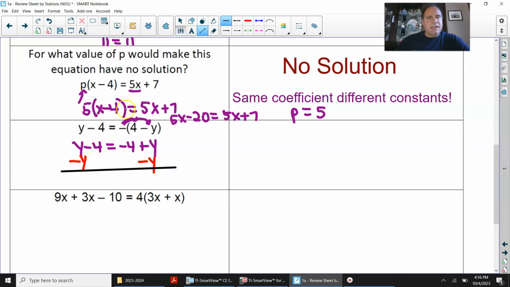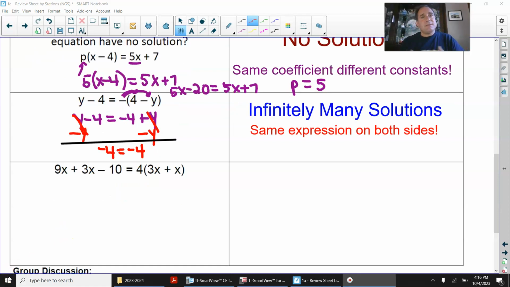After I get the y's together, I realize that they both cancel. And I get negative 4 equals negative 4. The same on both sides, same expression on both sides, infinitely many solutions. And that's basically it. You could take it down to negative 4 equals negative 4, or you could just leave it y minus 4 equals negative 4 plus y.